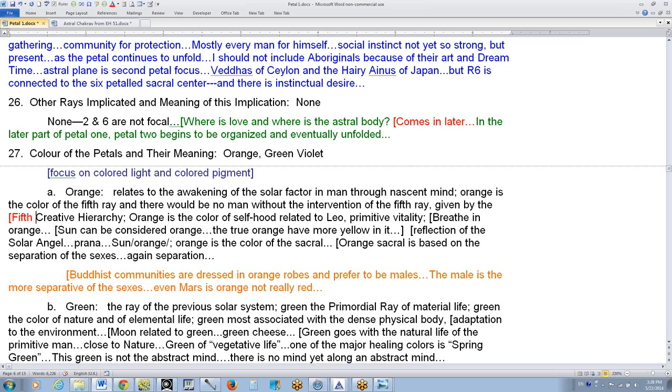So orange sacral is based on the separation of the sexes. Again, the emphasis is on separation. It's interesting that in the Buddhist communities they dress in a kind of orange robes, and prefer to be males. So the male is more separative of the sexes. Even Mars is more orange and really red.